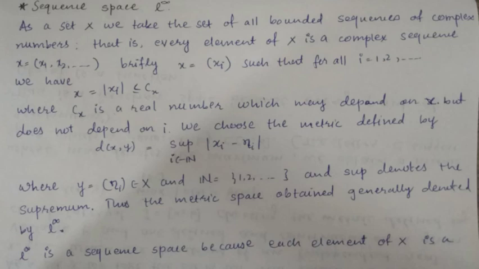So L infinity is a space of sequences, the sequence space L infinity. Why do we say sequence space L infinity? Because in L infinity the elements are sequences. But which type of sequence? It is a sequence of complex numbers, and it is also bounded.